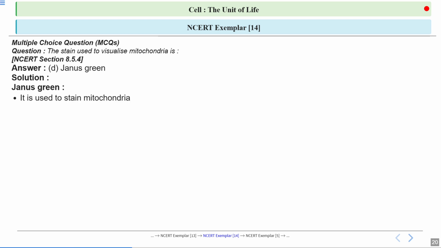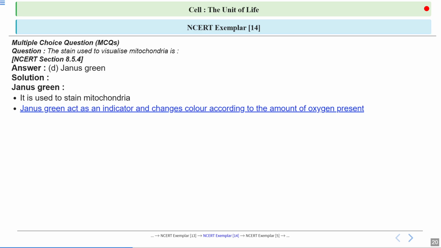It is used to stain mitochondria, right? So if you want to see the mitochondria in a particular cell, then you have to use this particular stain. So Janus green acts as an indicator and changes color according to the amount of oxygen present. Yes, you all know that oxygen reaches where? Mitochondria, right? Because cellular respiration is taking place at the site of mitochondria.